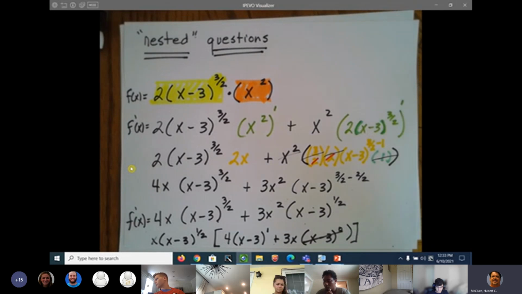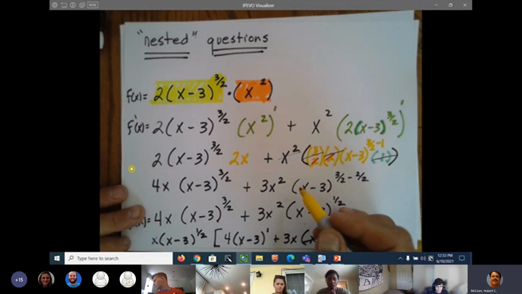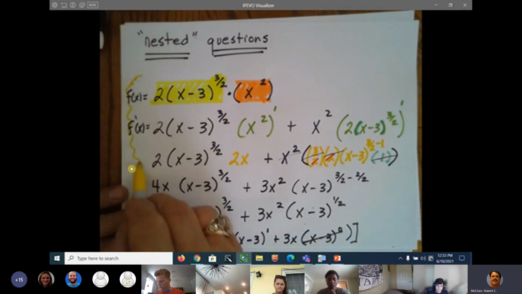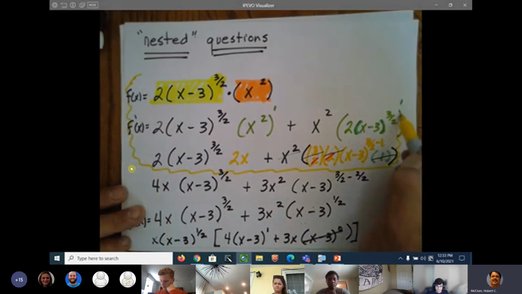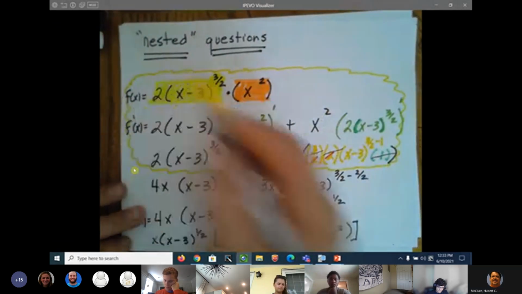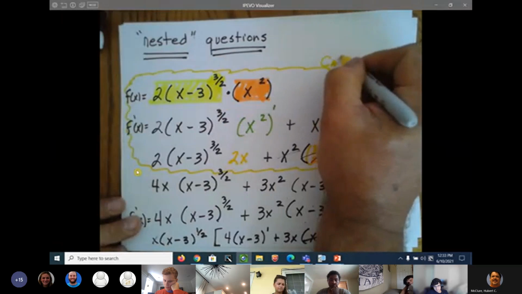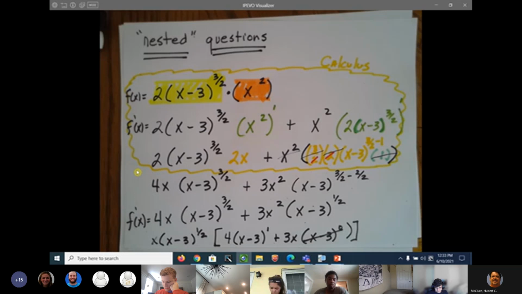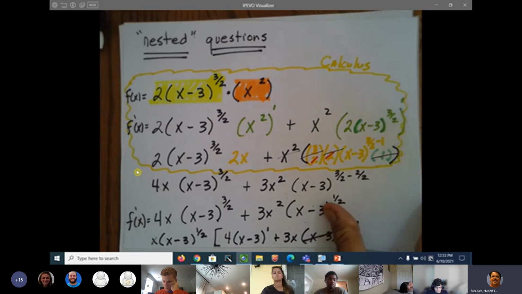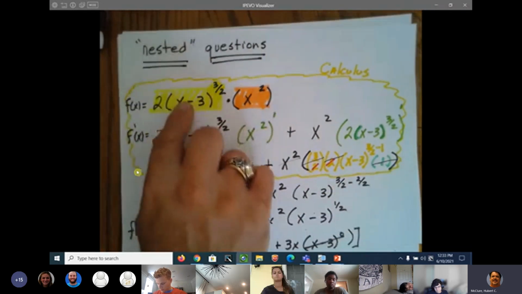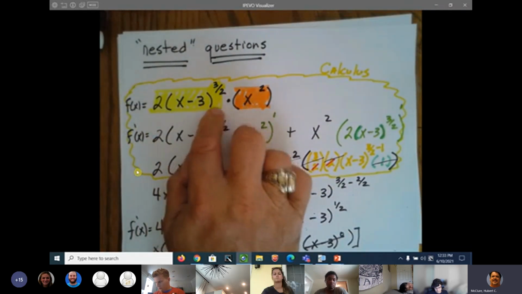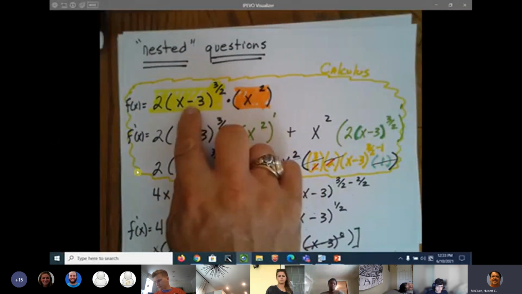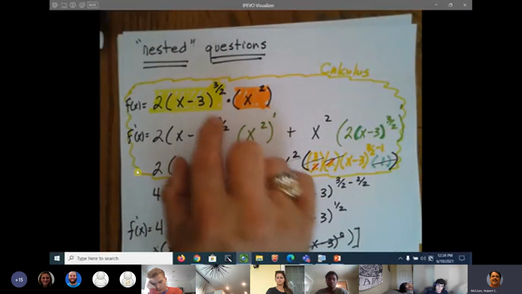But you can see again that the algebra right here is the calculus. There's the calculus. The rest of it is algebra. Okay, that's a made-up nested question where you have a property inside of another property. Here you had the product rule inside the, I'm sorry, the chain rule inside the product rule.